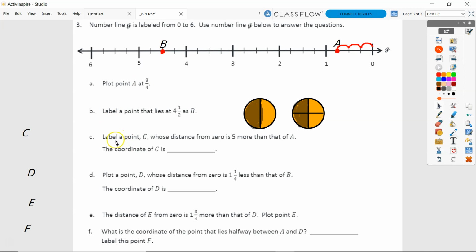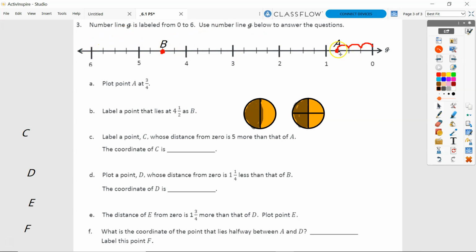All right, now it says label a point C whose distance from 0 is 5 more than that of A. So we have to add 5 to the point of A. So what I'm going to do is add 5 to 1 and then take a fourth away. So I'm just going to go 1, 2, 3, 4, 5. And I know it was here.